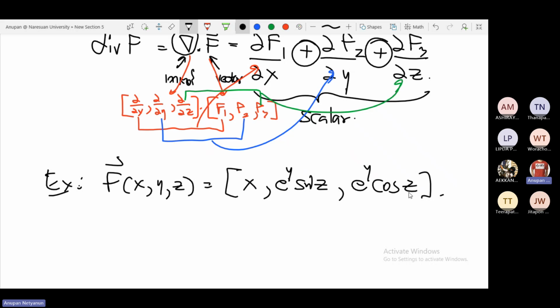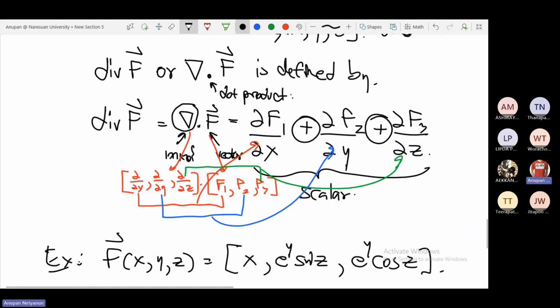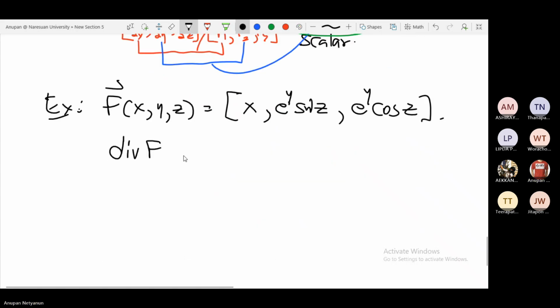Now, if you want to talk about the divergence of f, okay, that is by the definition the dot product of these two vectors. You take the partial derivative with respect to x of the first component, partial derivative with respect to y of the second, and partial derivative with respect to z of the third, and sum them together, right?